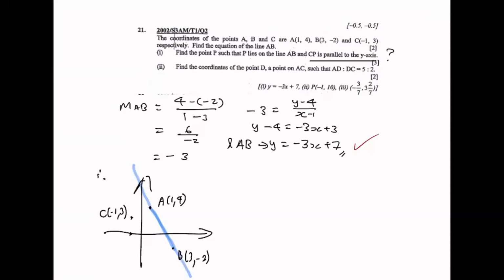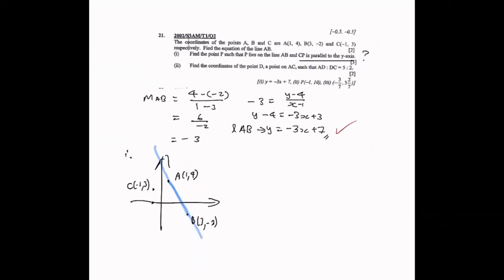What about it? You want to find the equation. You found it already. Find the point P such that P lies on the line AB and CP is parallel to the y-axis. Hold on. That's a bit weird. Parallel. Oh, okay.